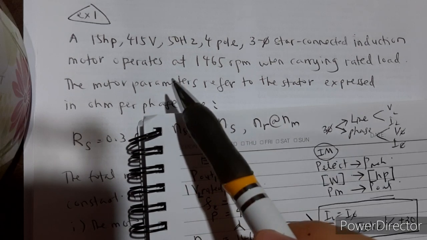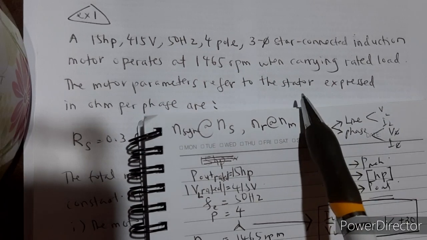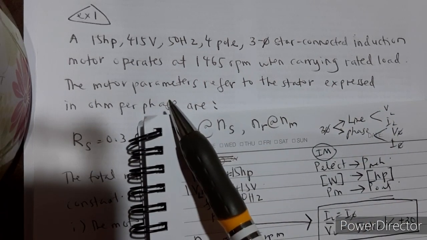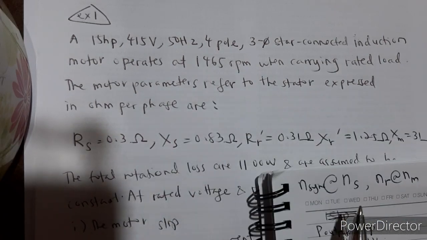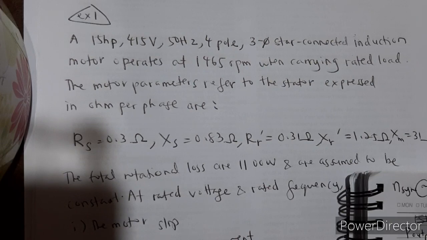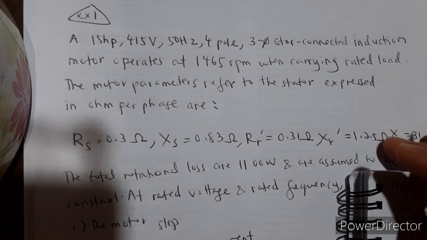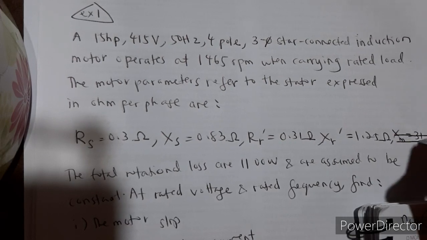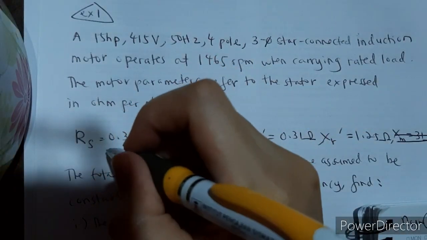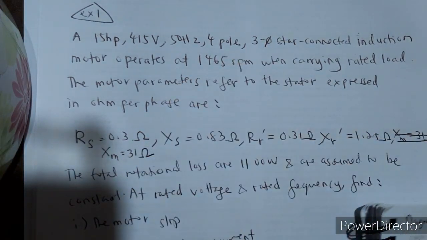So from this sentence you just repeat the statement that the approximate equivalent circuit you are using is referred to the stator, and the parameters are given in ohm per phase. XM is 31 ohm, you can refer to your slide. Everything is given.